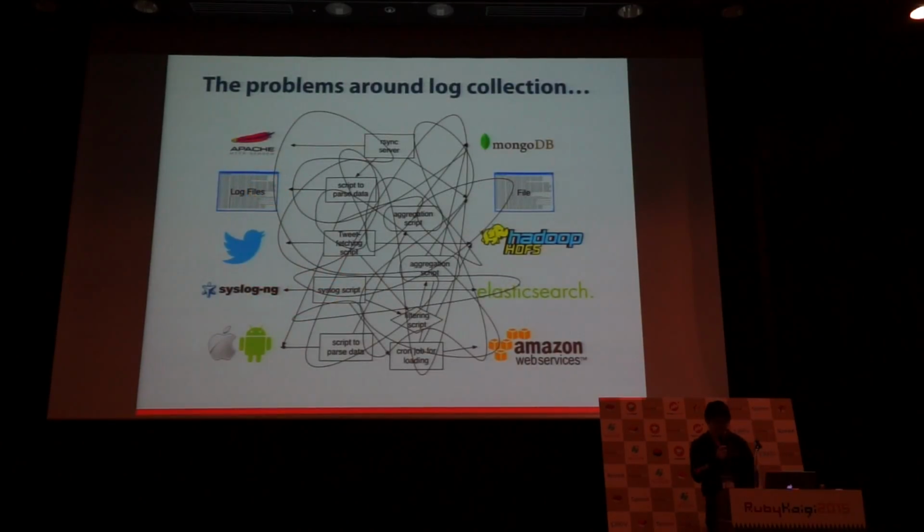The problem was that if you have those inputs and outputs, you needed to write scripts for each combination. So you will get M by N plugins, which becomes messy to manage.